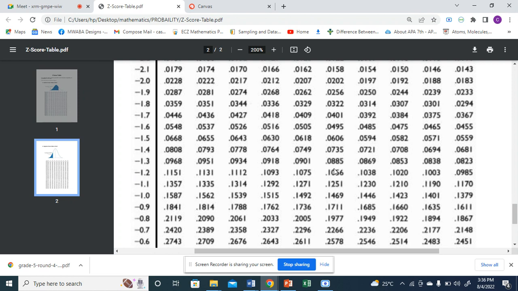Are we able to see it? Should I zoom in more? 0.1056. Let me just ensure that I'm on the correct column. 1, 2, 3, 4, 5, 6. Yes. 0.1056. That's our probability less than.